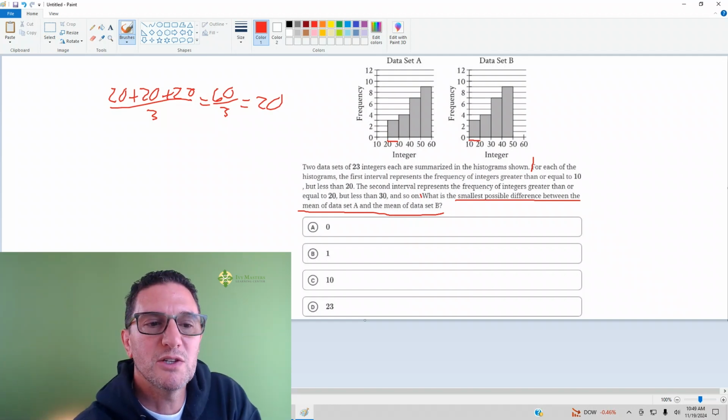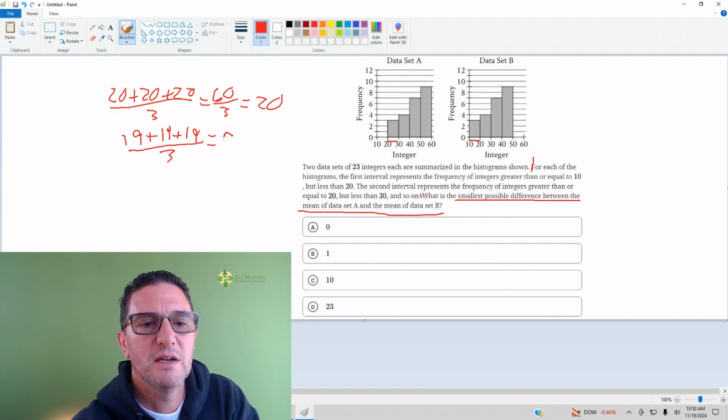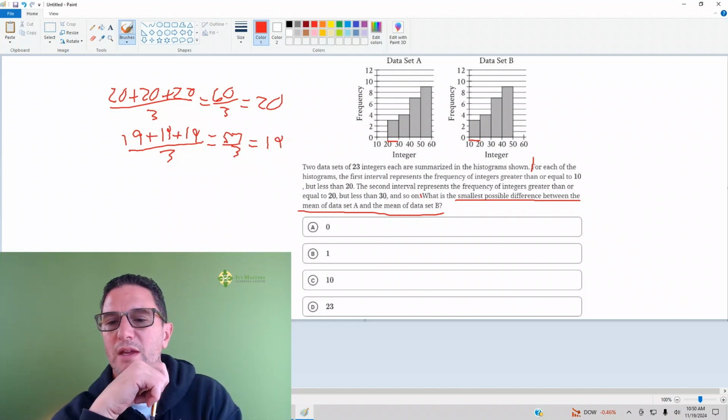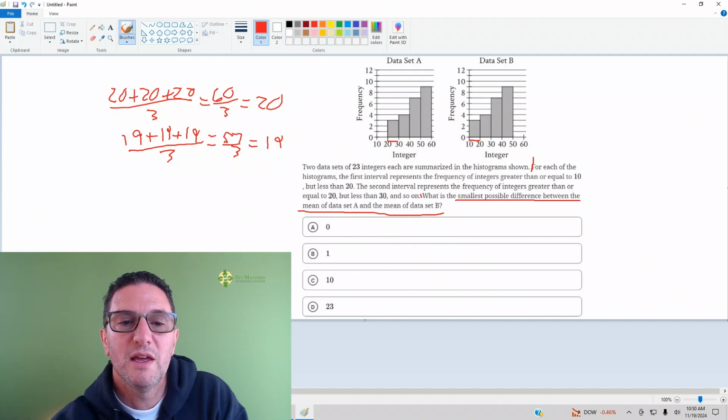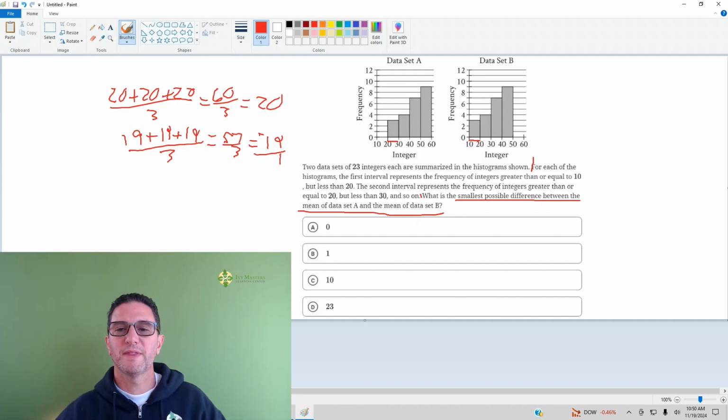So we're going to have 19 plus 19 plus 19 over 3, which is 57 over 3, which is 19. And the difference between the mean of the first bar in A and the mean of the first bar in B, if we just subtract them, is 1.